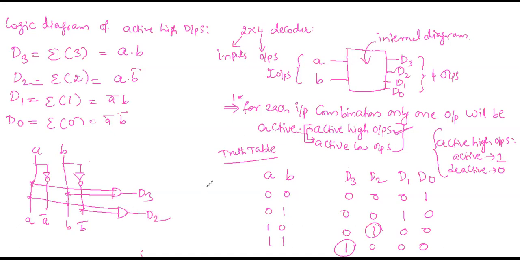Next, D1, A bar B. From A bar, take one line, from B, take one line. This is D1. Next, D0, A bar B bar. From A bar, take one line, from B bar, take one line.